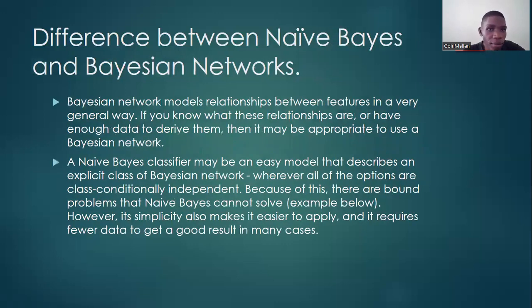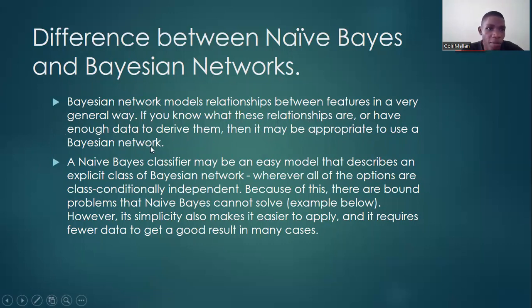Now the difference between naive Bayes and Bayesian networks. A Bayesian network models the relationship between features in a very general way. If you know that these relationships all have enough data to derive them, then it may be appropriate to use this network.